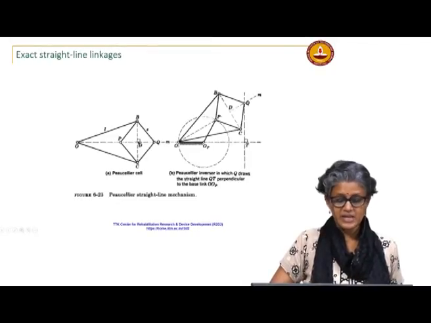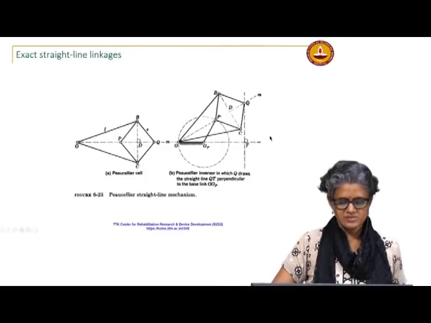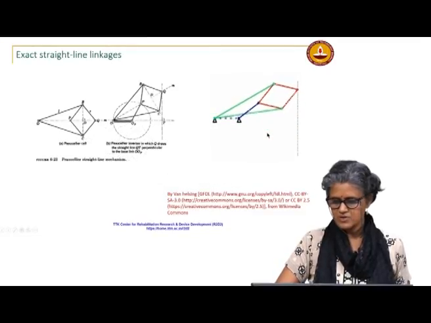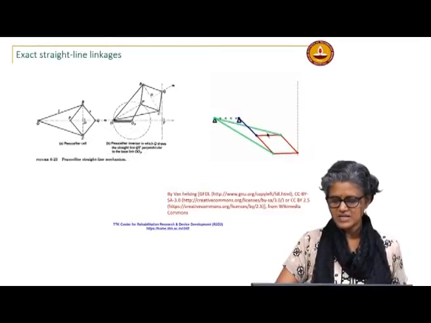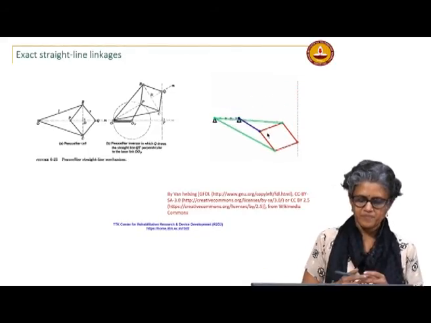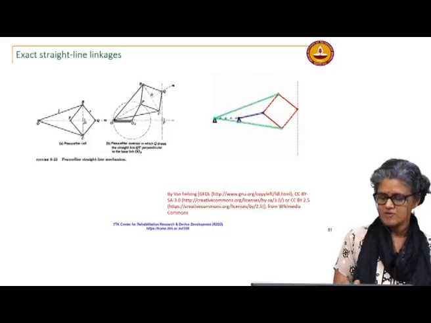Okay. And it has 8 bars actually. So, this is just to tell you that, yeah. You can see that it traces an exact straight line that is perpendicular to the line joining the fixed pivots.